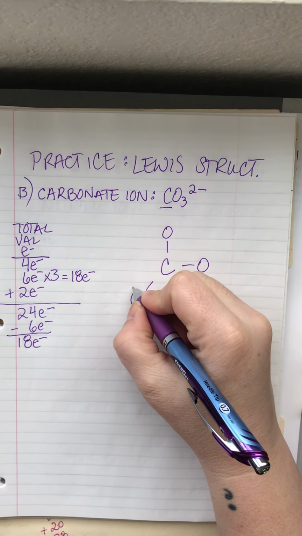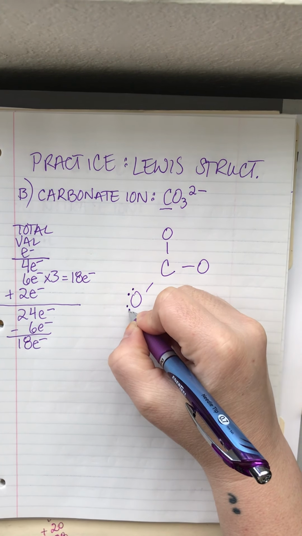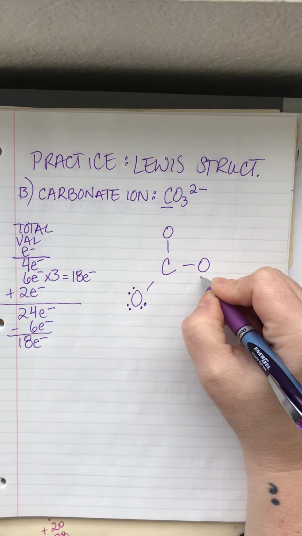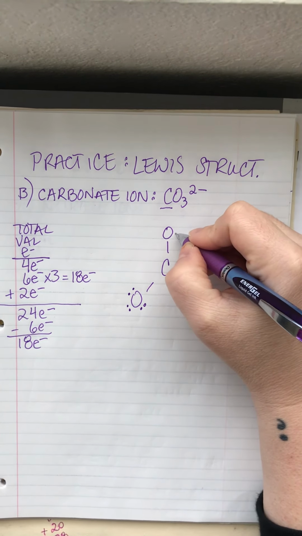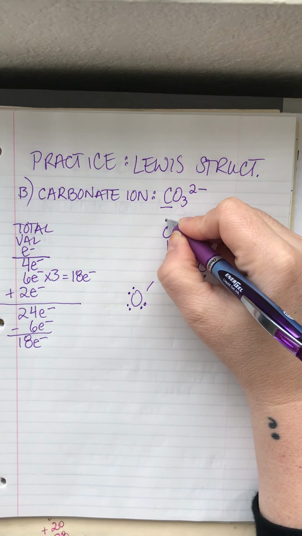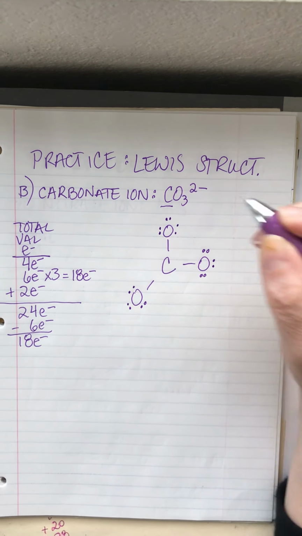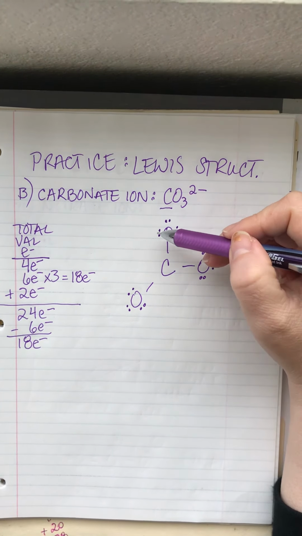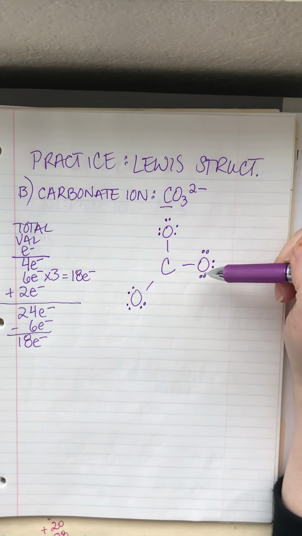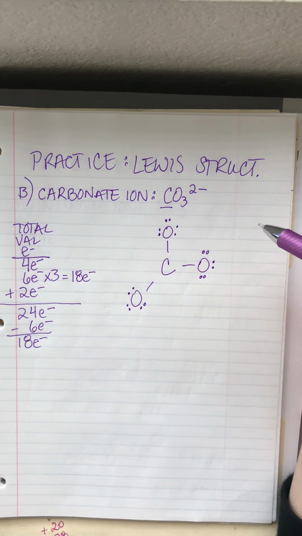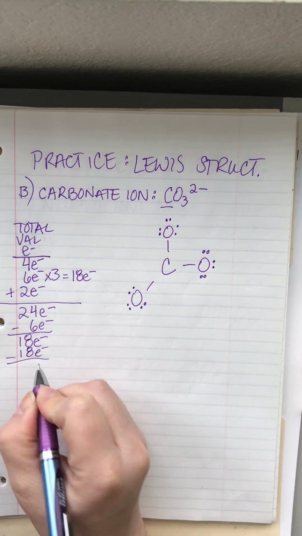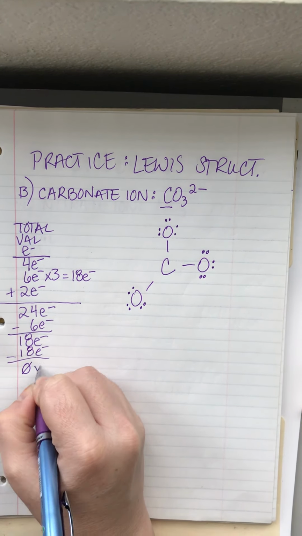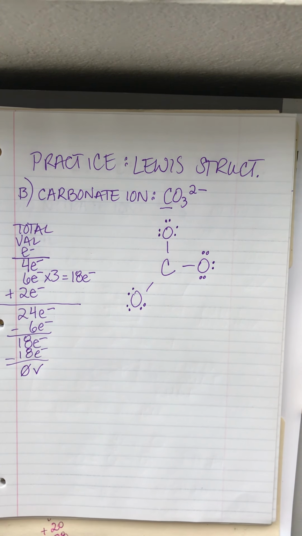So I'm going to go ahead and start putting those electrons around the outside. I have 2, 4, 6, 8, 10, 12, 14, 16, 18 electrons. So I've used the remainder of my valence electrons, and now I have 0 left over.